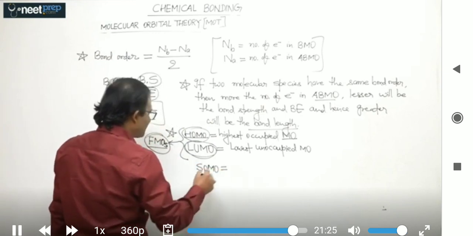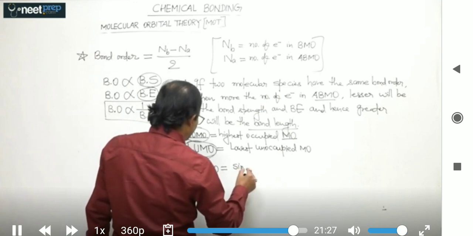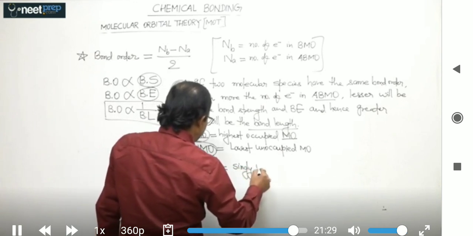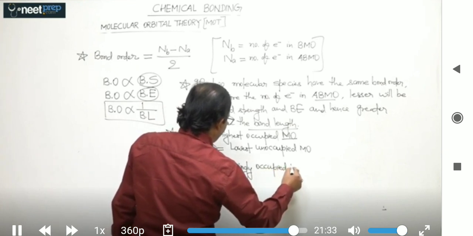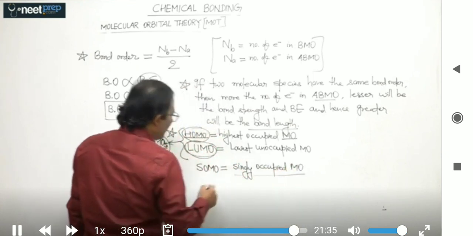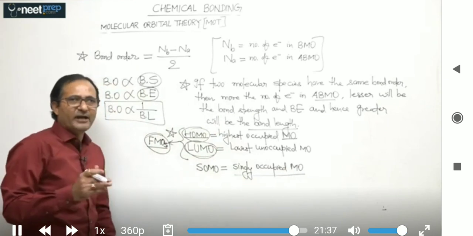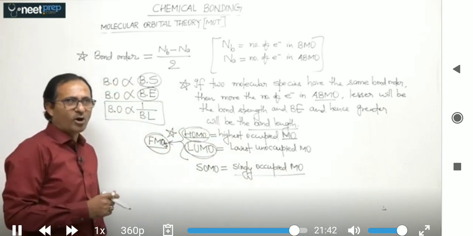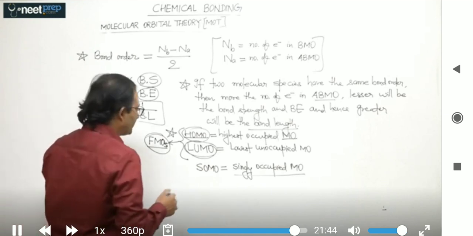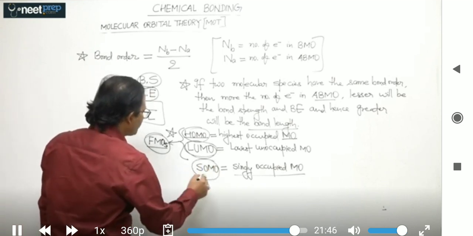Full form of SOMO is singly occupied molecular orbital. If a molecular orbital has one electron only, then such a molecular orbital is called SOMO.